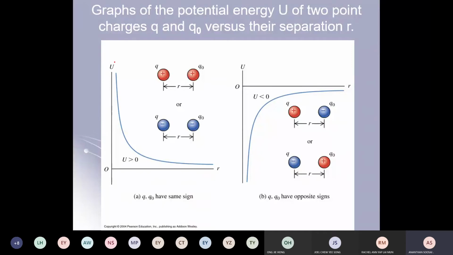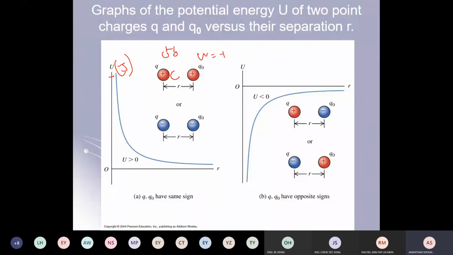Potential energy, in terms of joule, versus R. R is the separation of the two charges. When the two charges are like charges and they get closer, the potential energy rises, because when they get closer you do positive work.